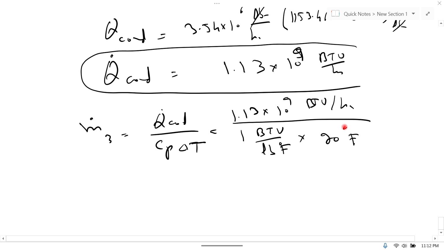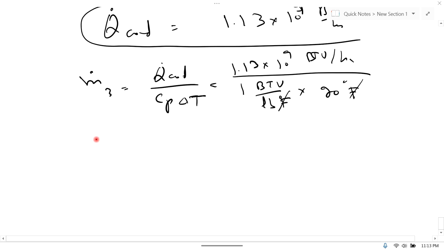Degree Fahrenheit will be cancelled with degree Fahrenheit, and m dot Cw will be equal to 1.13 multiplied by 10 power 9 divided by 20.